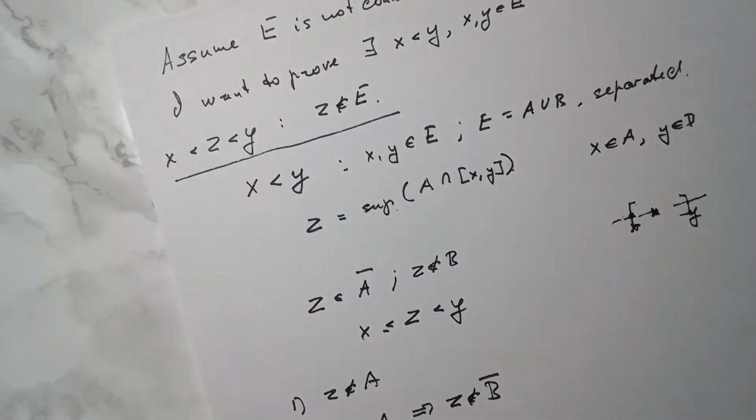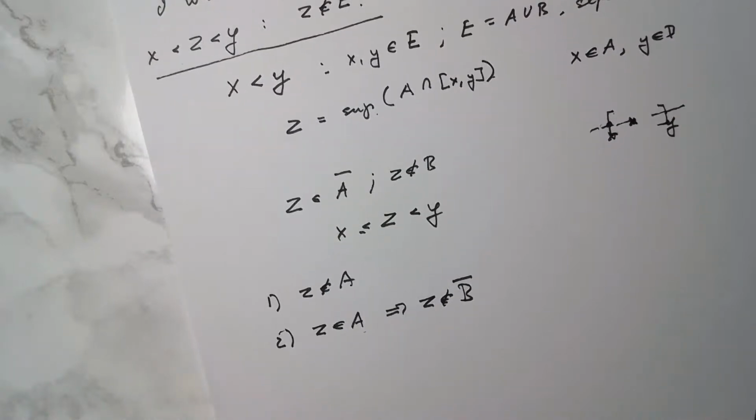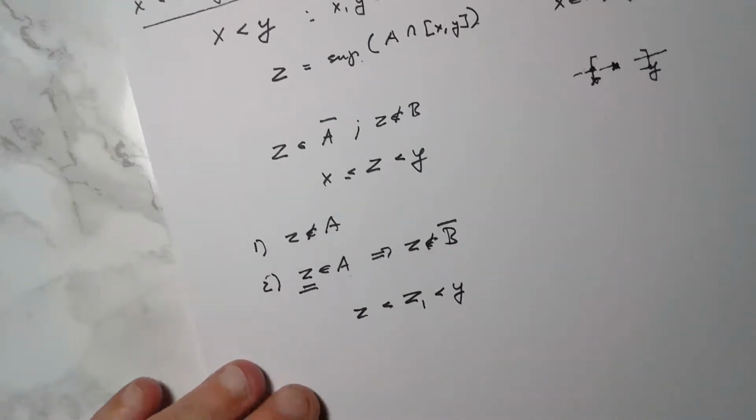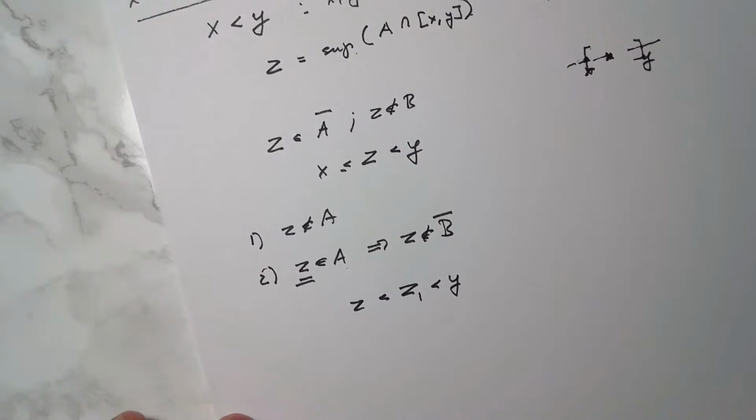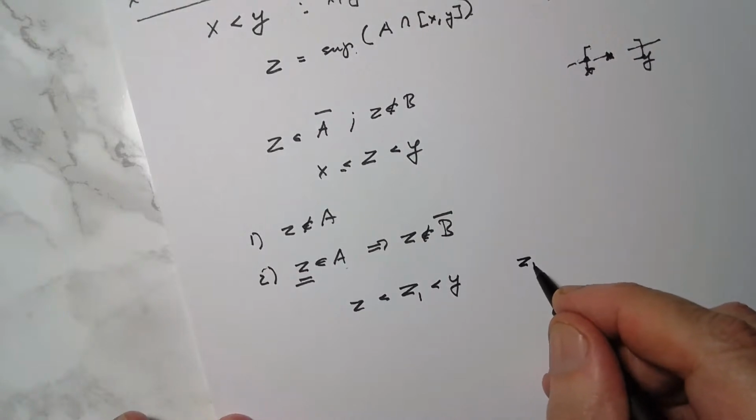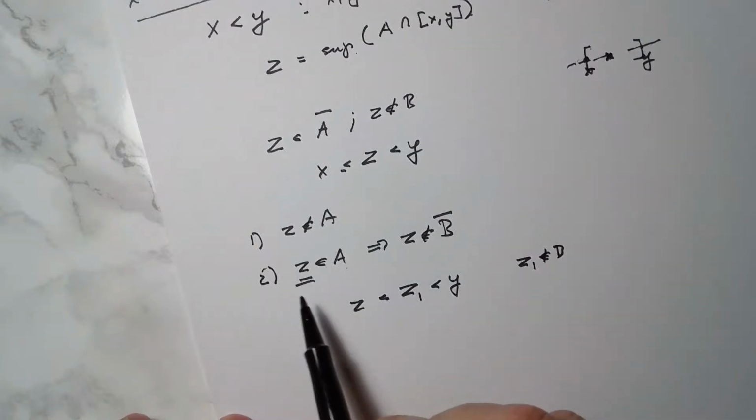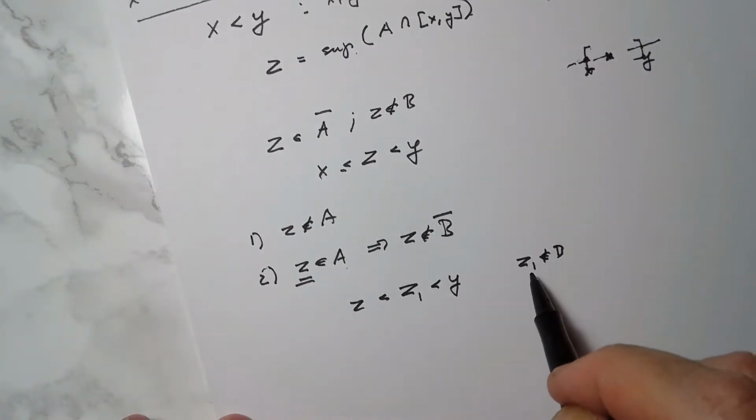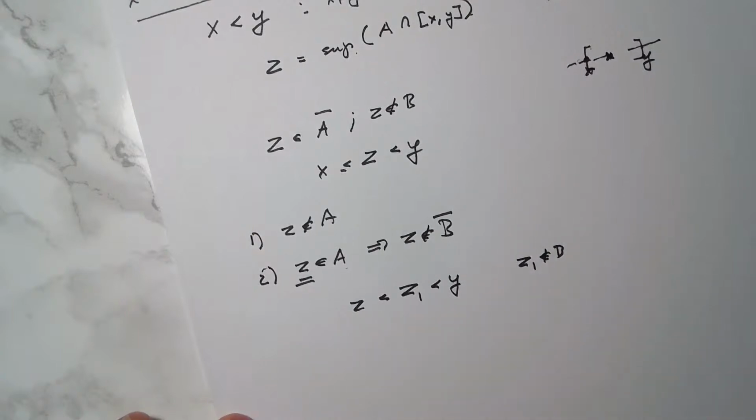Because remember, A and B are separated, so the intersection of A and B closure is empty, and therefore Z cannot be in the closure of B. And that means that there exists a Z1, somewhere between Y and that very Z that we so carefully selected, such that Z1 is not in B. Remember, Z is not in B bar. That means that there exists some point not in B, which is very close to Z, and this is my point Z1. And this point Z1 is somewhere between Z and Y.